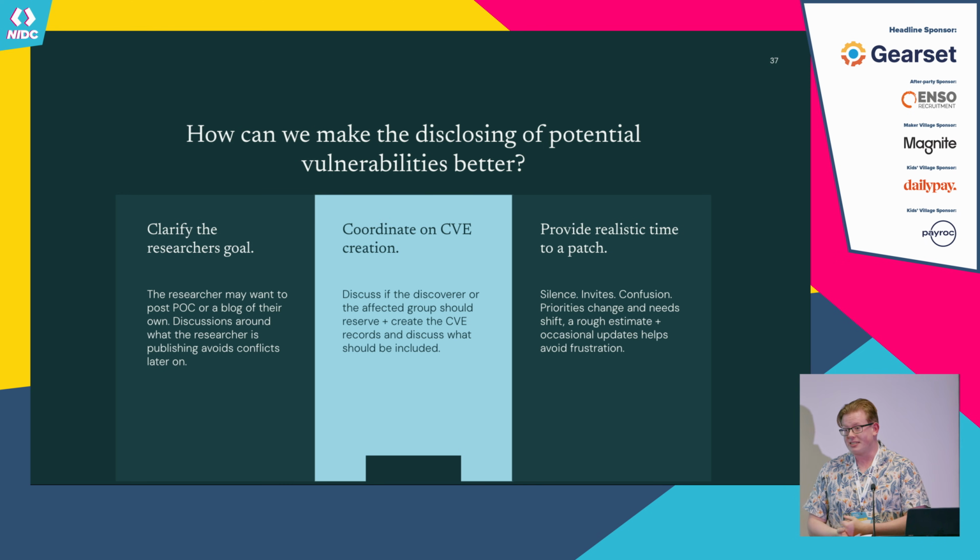Priorities change, needs change. Update them as to what the current timeline is, but again, if there's any product managers in here, just because you change the timeline doesn't mean the researcher changes the timeline. If you deprioritize this, you need to be prepared for the researcher to just go, that's great, I'm proceeding with my original timeline on this.